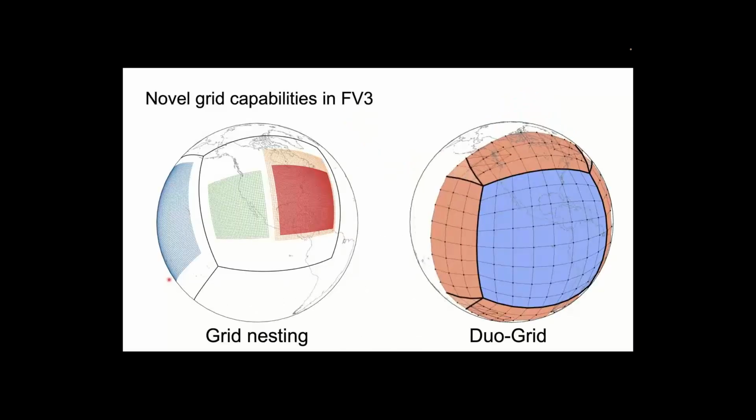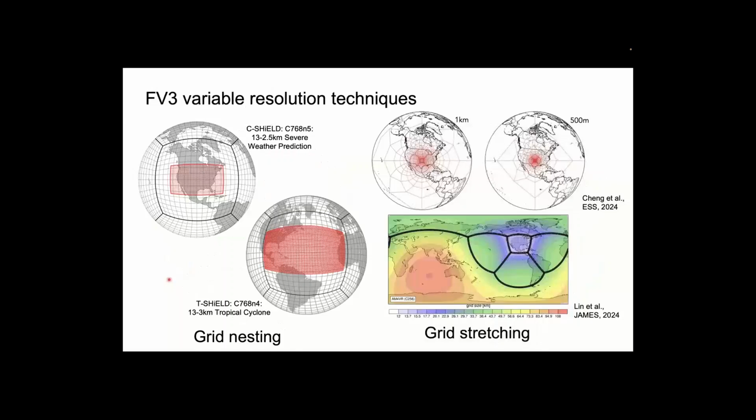So in today's talk, I will basically present two topics, grid nesting and the GeoGrid. Many of you are already familiar with FV3, so I will jump right away and talk about grid nesting.